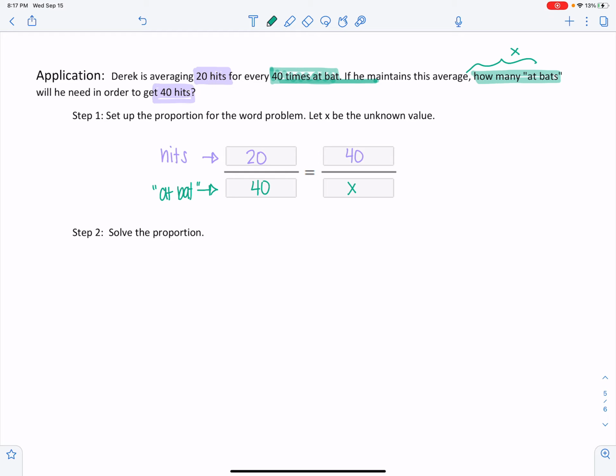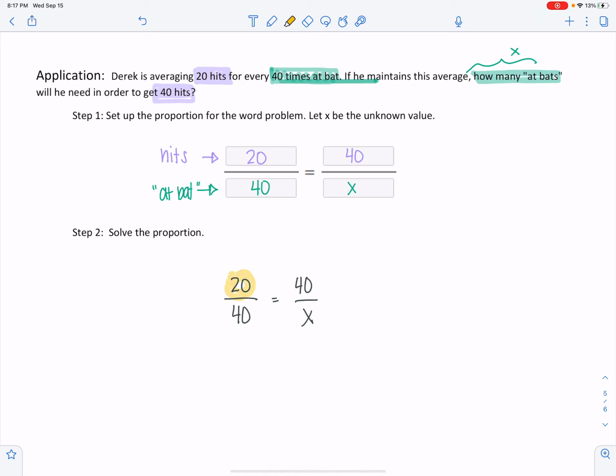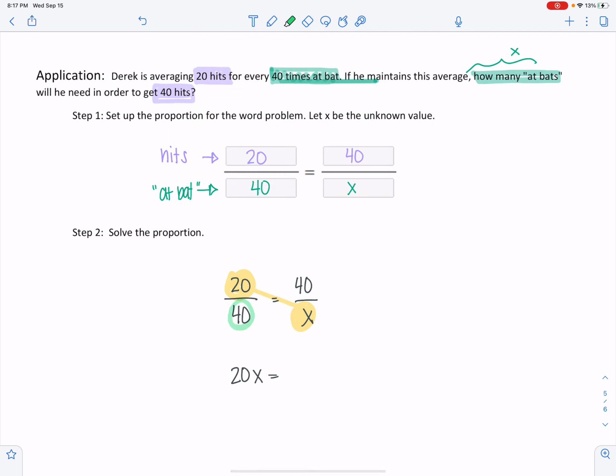Step 2 is going to say, take that proportion that you just set up and let's solve it. So I'm going to cross multiply. I like to cross multiply the side with the x on it first. So 20 times x is going to give me 20x equals the other side. 40 times 40 is going to give me 1,600.